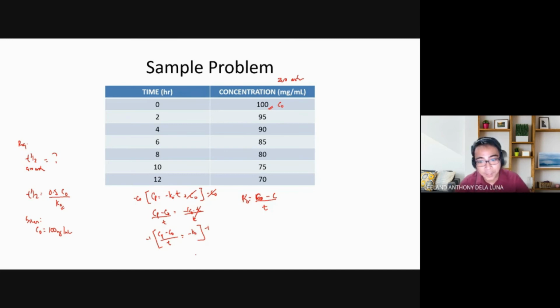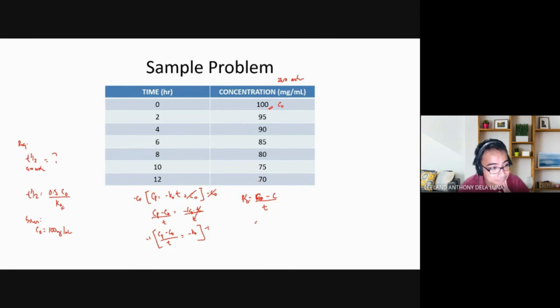Alright? So class, do I have C sub 0? Yes, that's 100 milligram per ml. Do I have a concentration at a given time? I'm the one who chooses here, class. Usually, class, the plasma concentration I choose will always be the last. That's a personal preference. Why do I always choose the last? Because class, the last plasma concentration most likely has a high possibility of being at equilibrium.